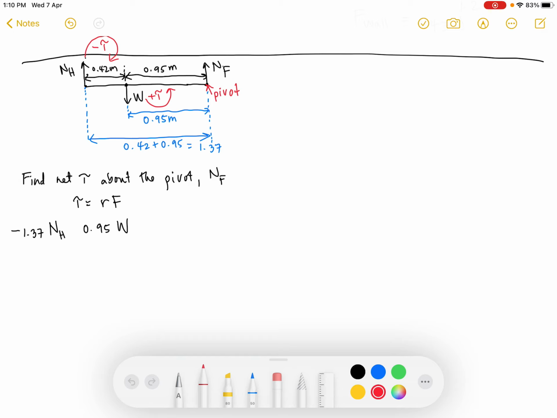So the torque due to the weight force will be a positive 0.95 times weight force W.